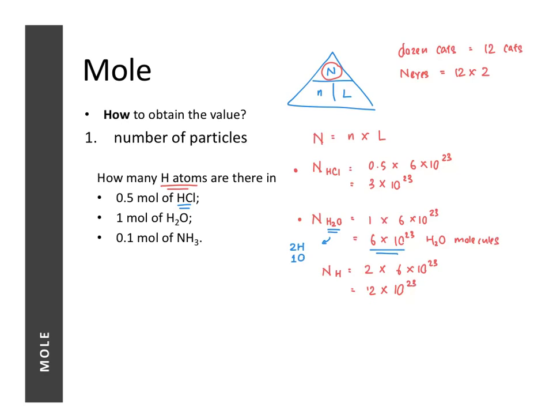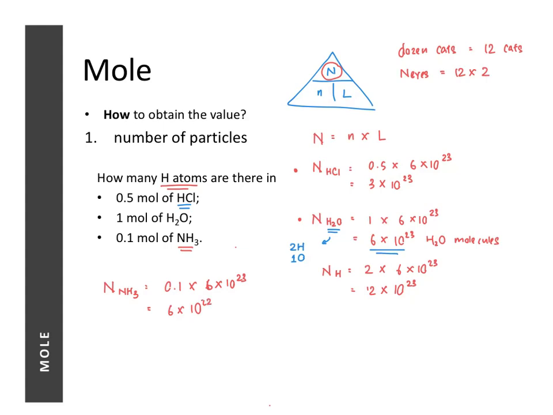Alright, and the last example over here, 0.1 mole of ammonia. Alright, so number of particles or number of molecules of ammonia will be equals to number of moles times Avogadro's constant. So that will give us 6 times 10 to the power of 22.